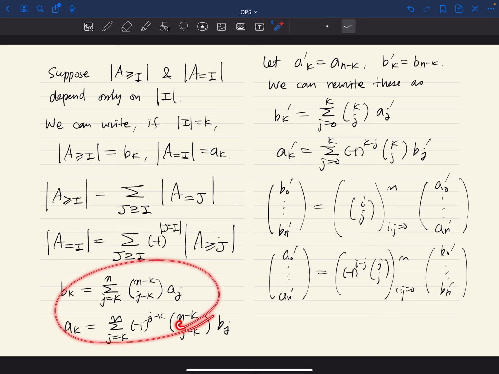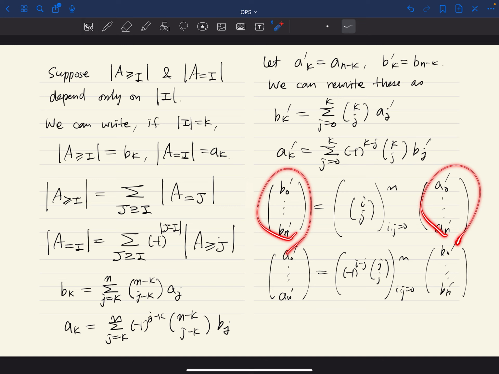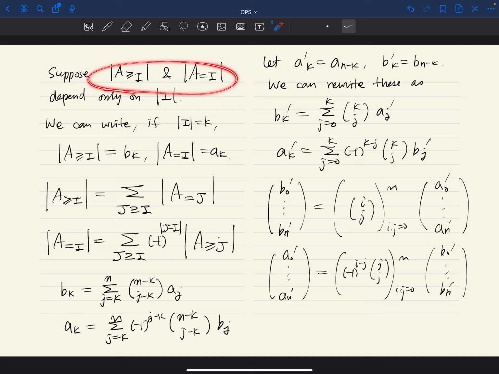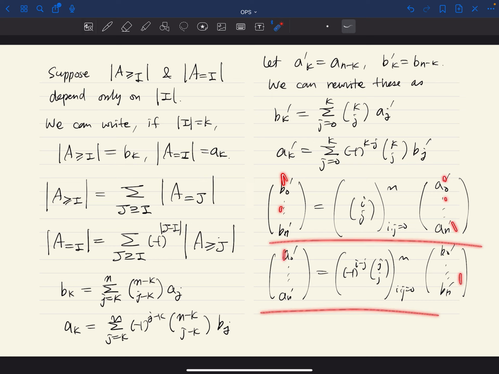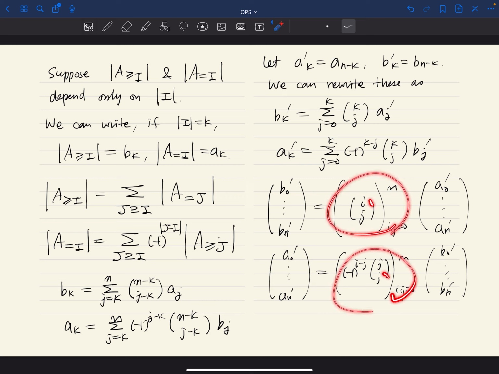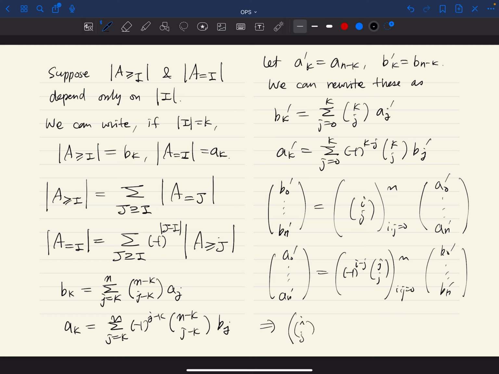So this is really equivalent to this. But the b's and a primes can be arbitrary numbers. We can choose them so that we can make them arbitrary. So in other words, this is always true for any choices of b's and a's. But that means this must be the inverse matrix of this. Okay? The inverse of the binomial matrix.